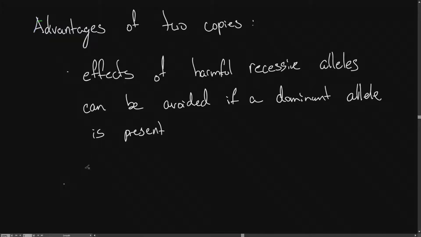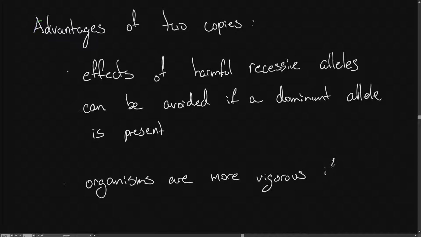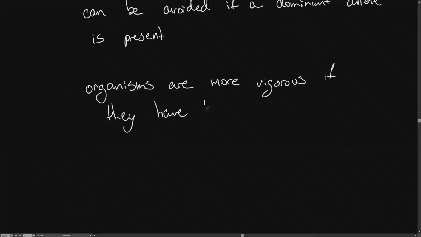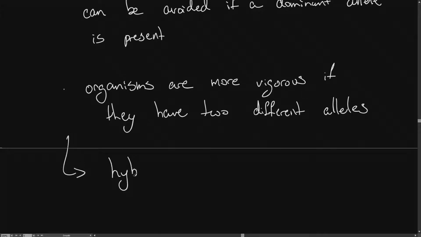Organisms are also more vigorous if they have two different alleles. This point is called hybrid vigor.